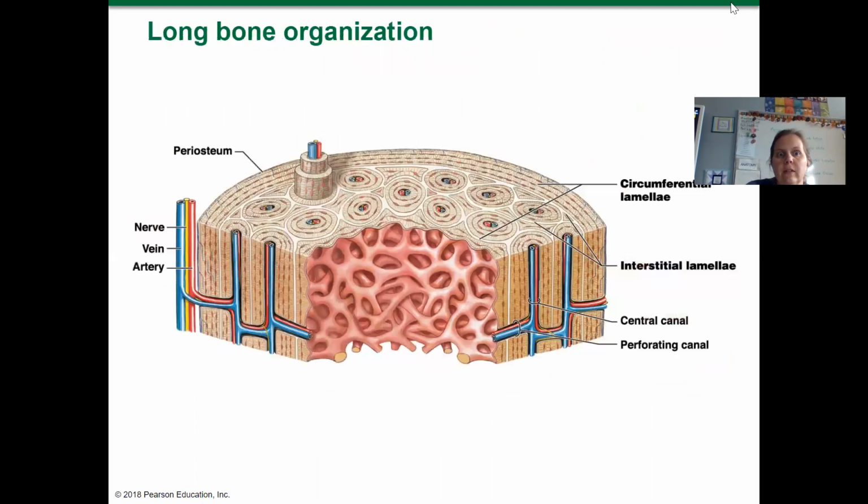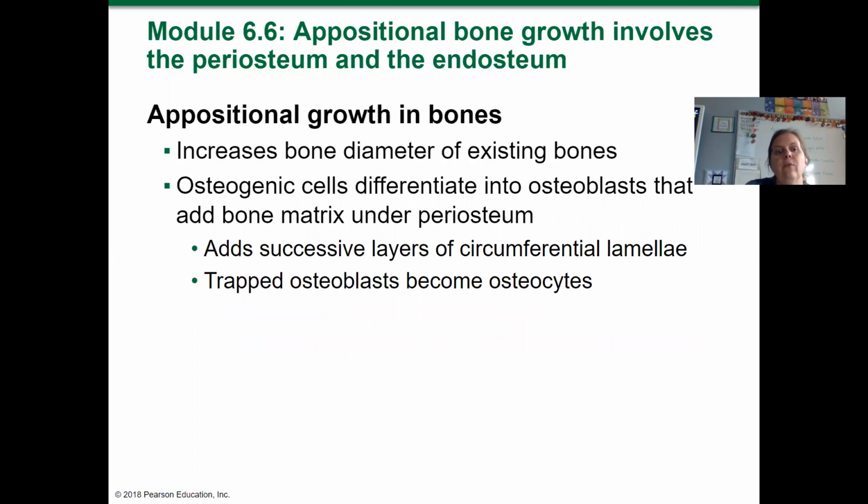Let's go back to where we would be starting right here, appositional growth. This has to do with increasing the bone diameter. It involves all of those cells that we talked about in one of the last sections: the osteogenic cells, the osteoblasts, the osteoclasts, and the osteocytes. Osteogenic cells are your bone stem cells.